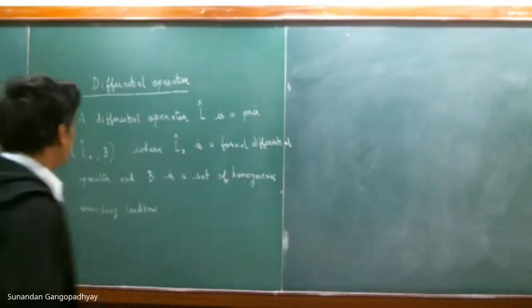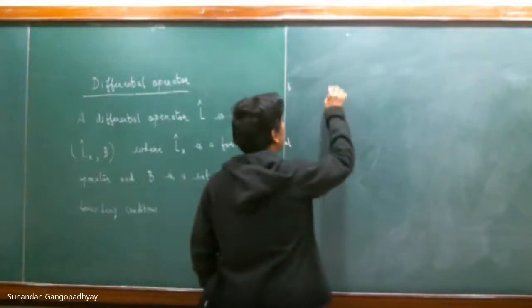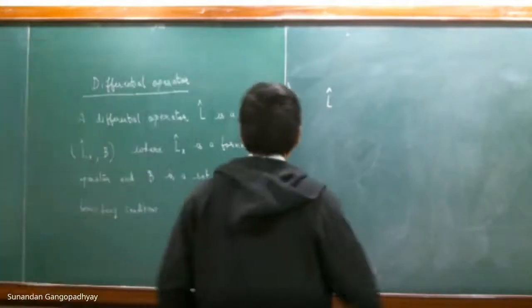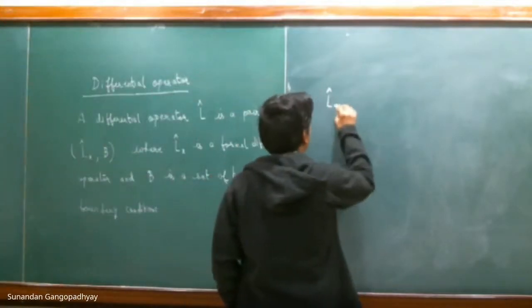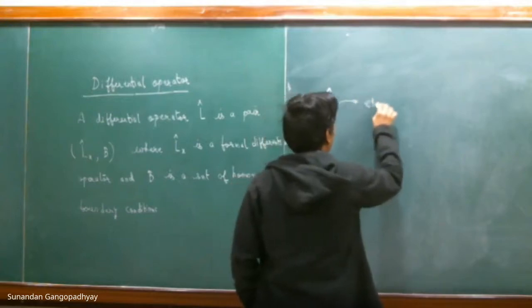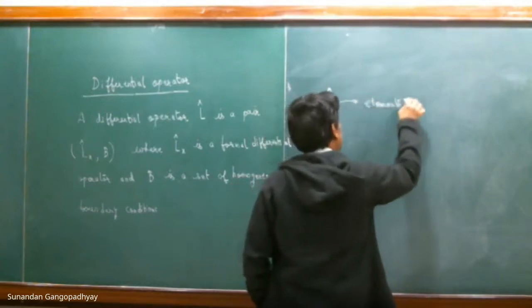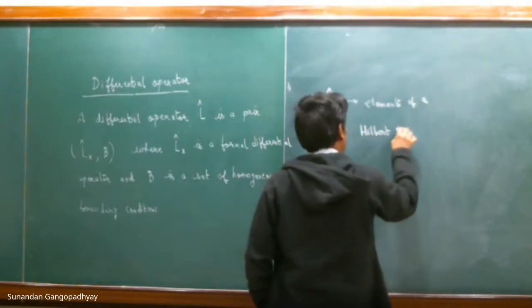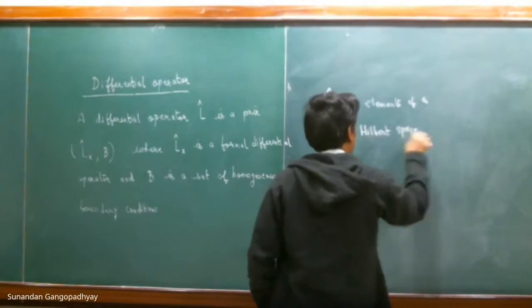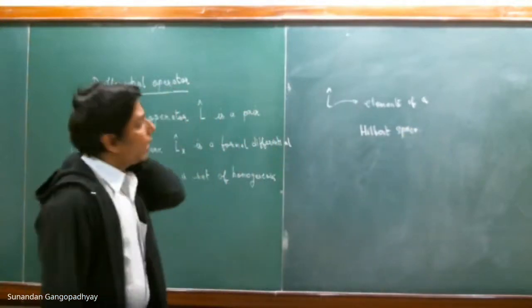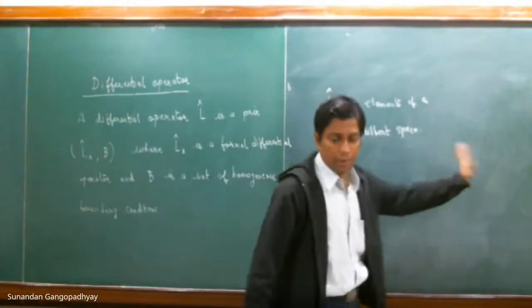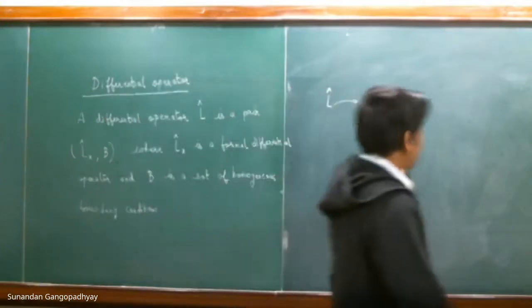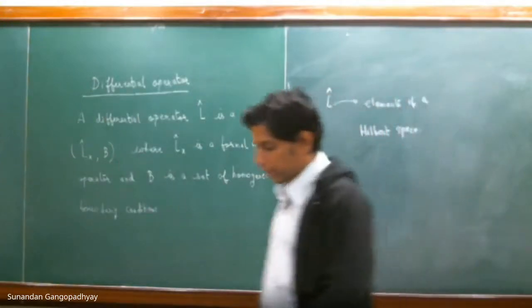From this, you can understand that L hat acts on elements of a Hilbert space. I'm sure by now you must know it is a Hilbert space, because you must have learned this in quantum mechanics. L hat acts on elements of a Hilbert space, which is nothing but a complete vector space with an inner product defined on it.